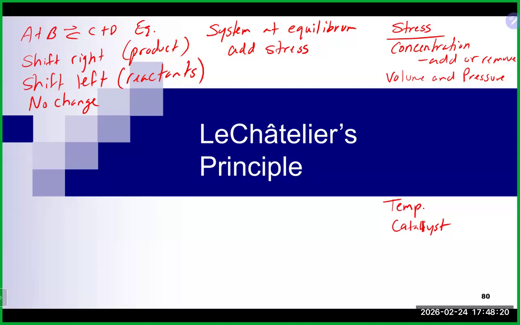Ultimately, what's happening when we shift to the right or shift to the left is we are either increasing the forward reaction, or we're having the reverse reaction occur in this reversible reaction. So whatever we are doing to the system will basically kick off one of those reactions. It'll either kick off the forward reaction or the reverse reaction. And that's ultimately what's happening in these situations.